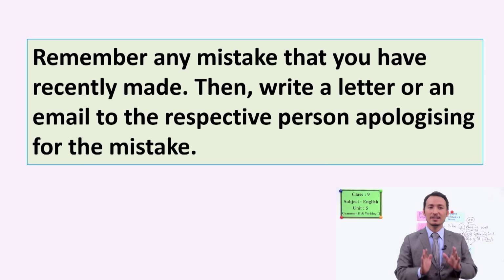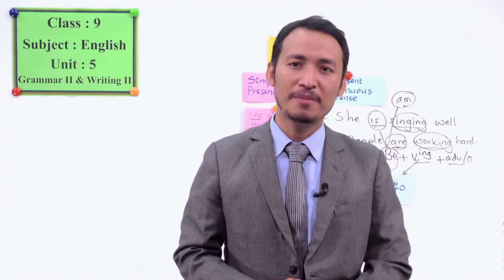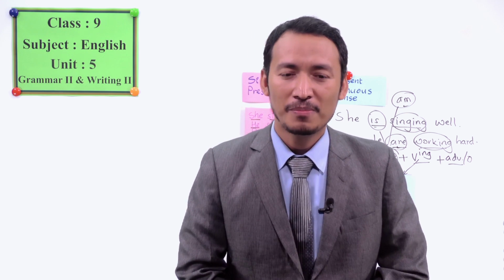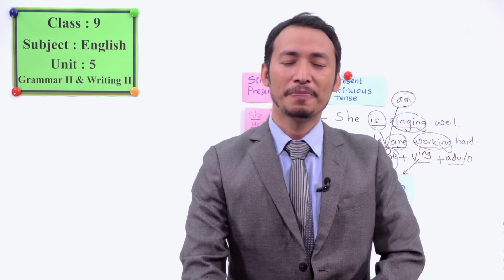Remember any mistake that you have recently made, then write a letter or an email, like we have now done, to the respective person apologizing for the mistake. This is the task for you. Remember what we have to include in our letter or email, and then express your apology to the respective person.